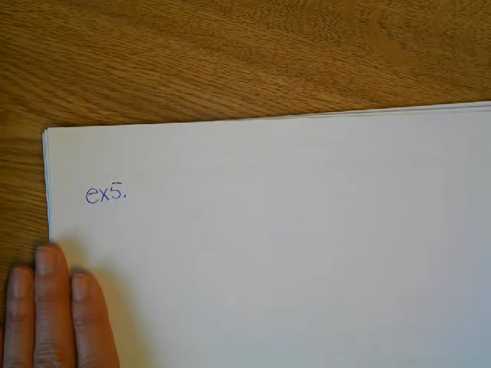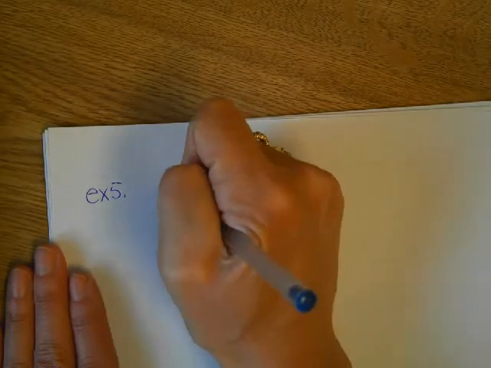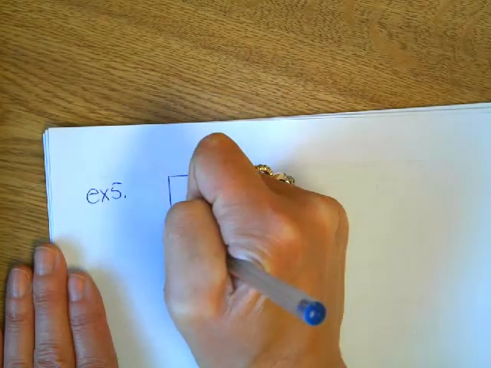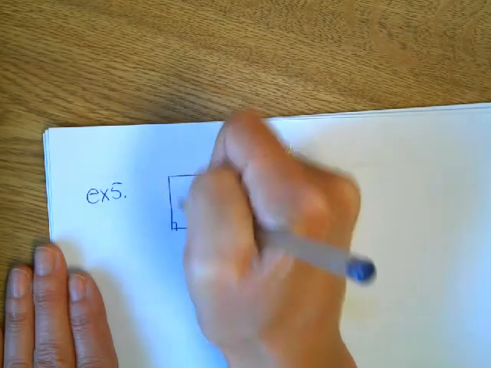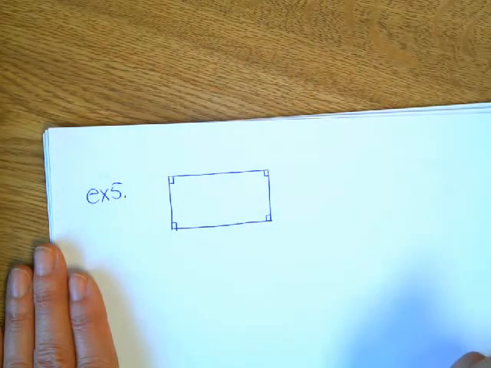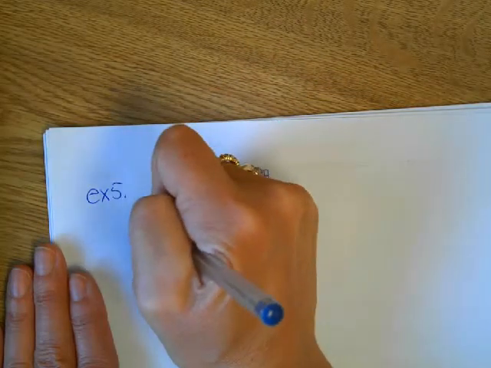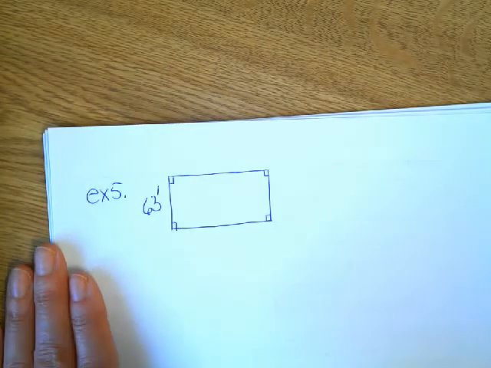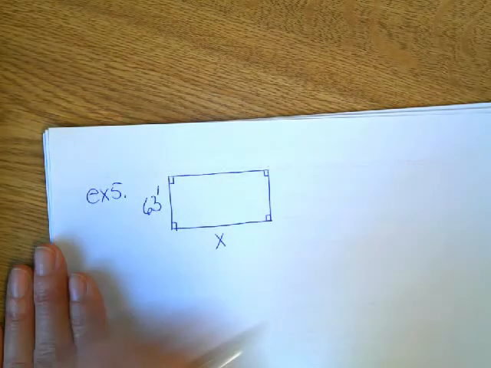Let's see. I'm going to give you a rectangle. And here's what we know about the rectangle. The short side is going to be 63 feet. The long side is missing.